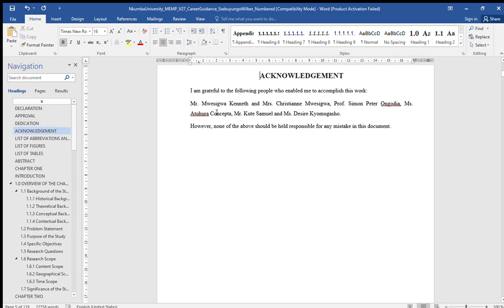Then the other preliminary page is acknowledgement. These preliminary pages, when you add them in your proposal, are not very necessary. Someone may not cancel them out, but you just say those are necessary when you are making a final dissertation.